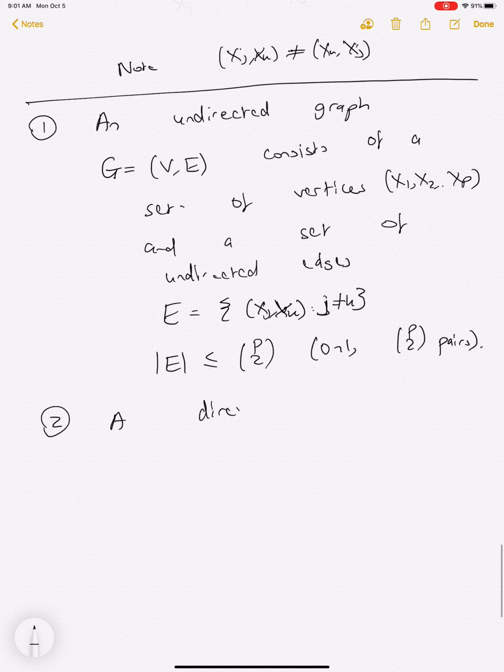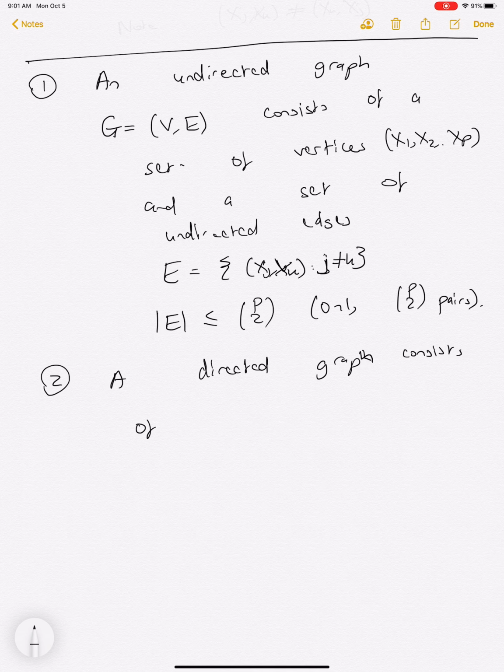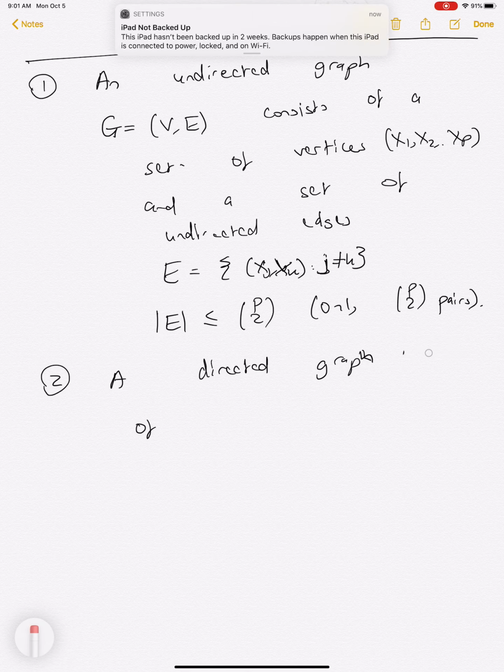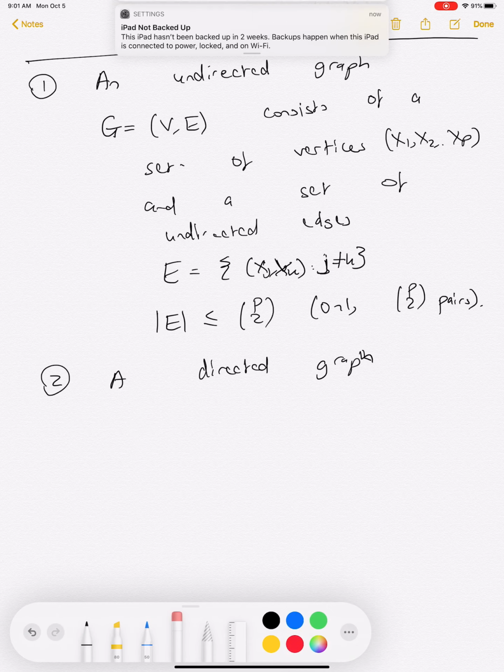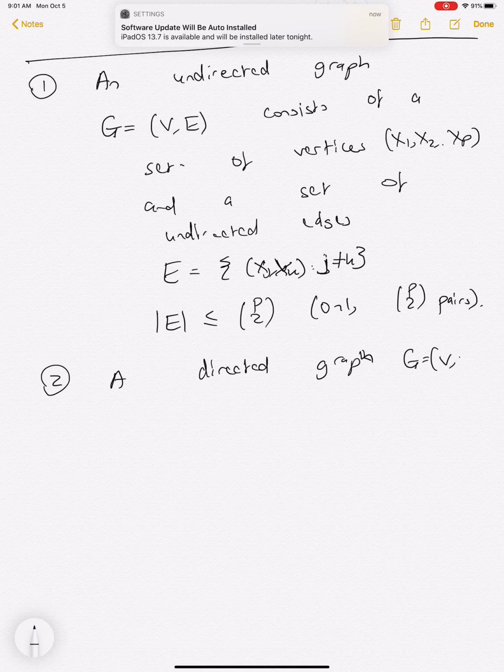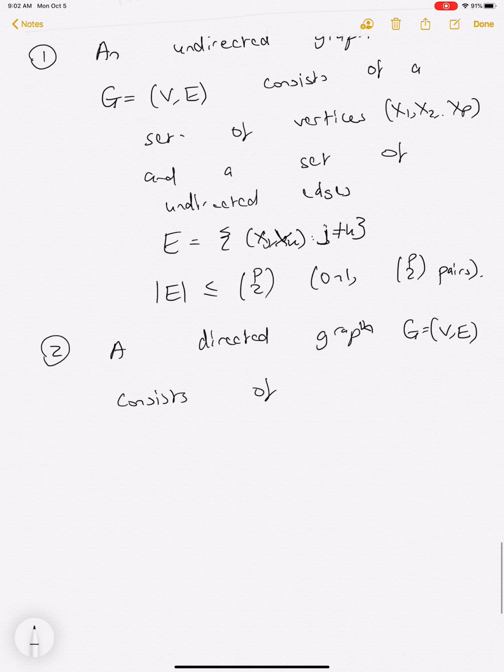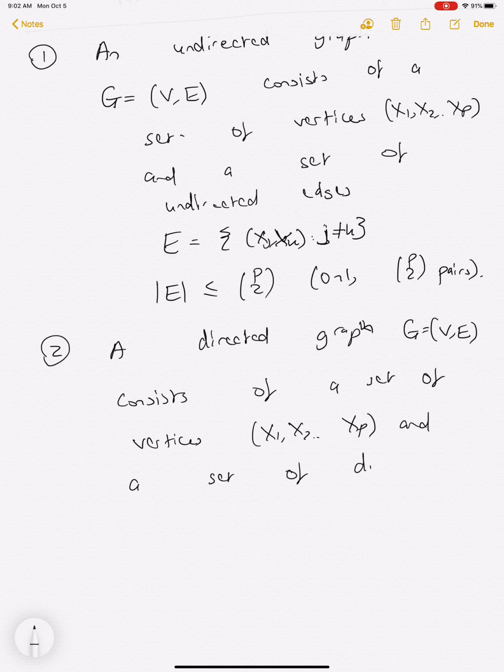A directed graph, I'll again use this notation, consists of a set of vertices and a set of directed edges.